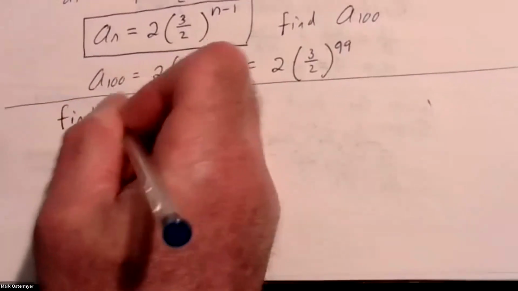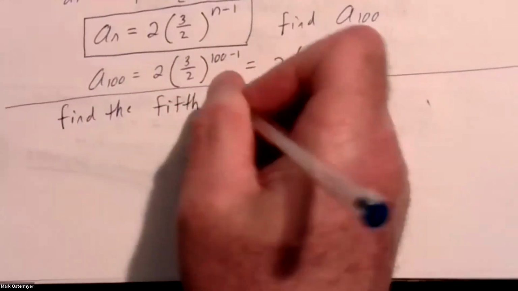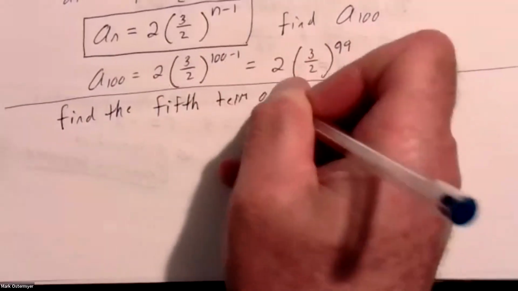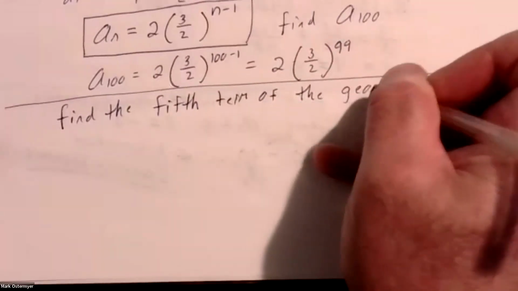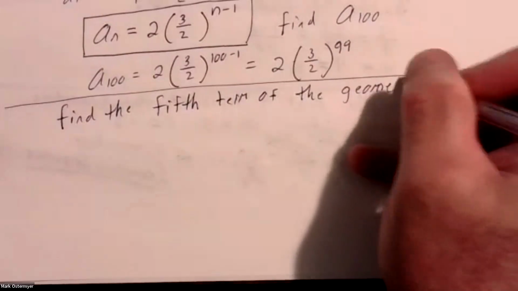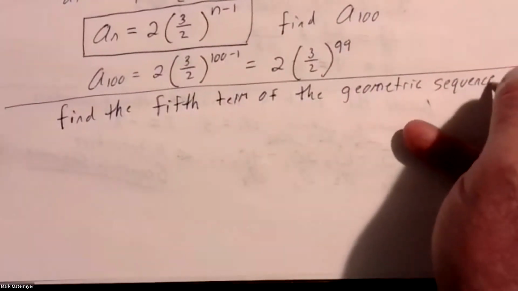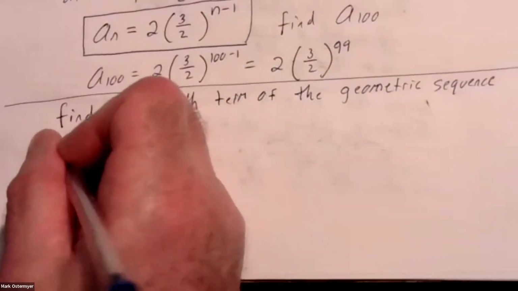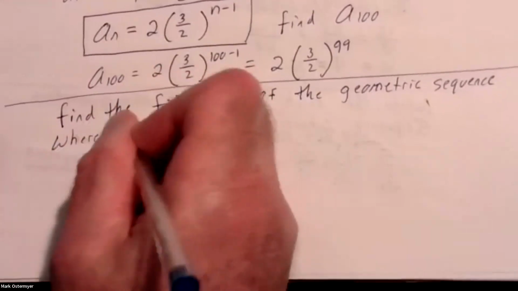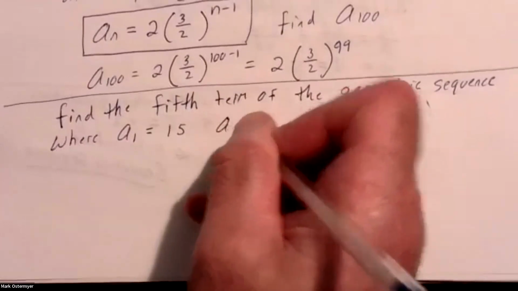Find the fifth term of the geometric sequence where the first term is 15 and the second term is -9.